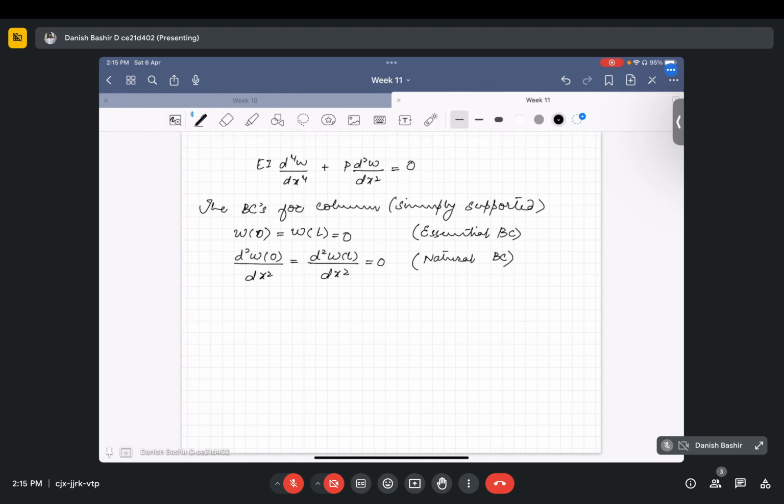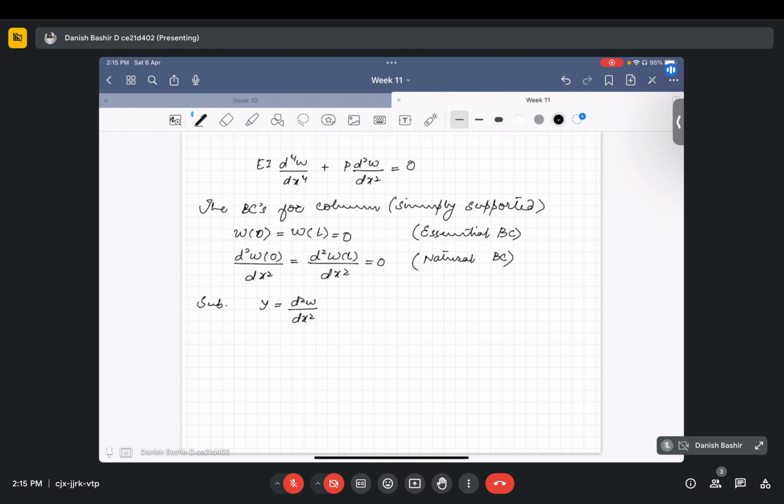So this problem can be converted to a second order differential equation if we make some substitutions. So let's make the substitution. We will put y is equal to d2w by dx square.